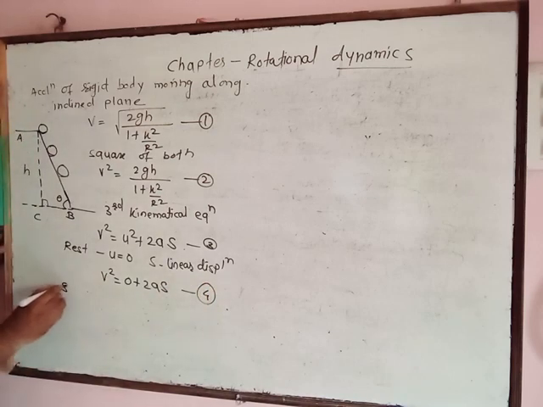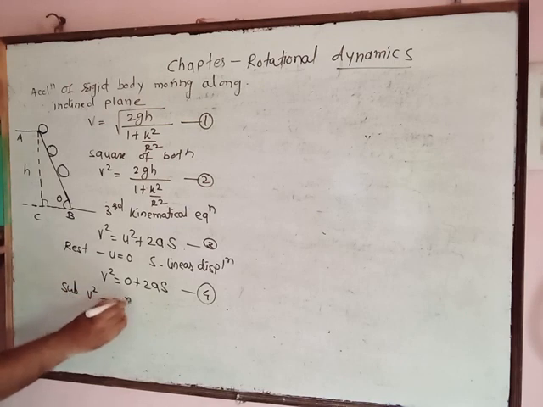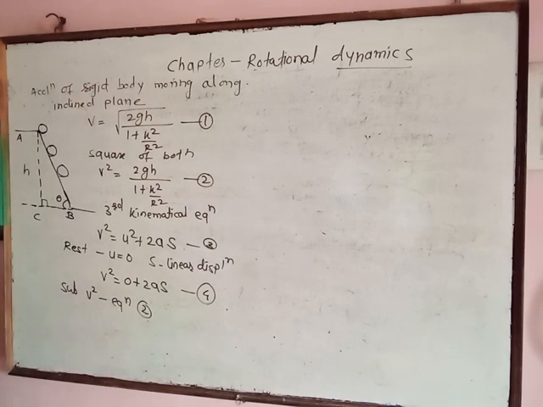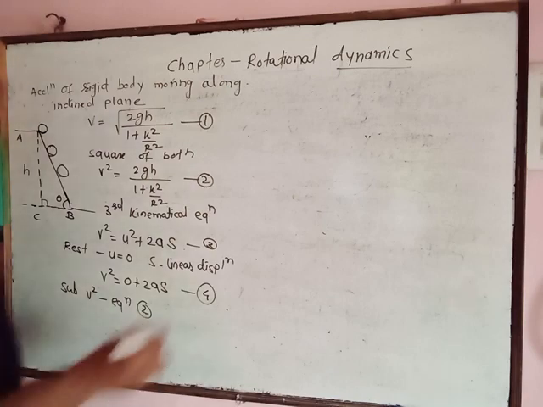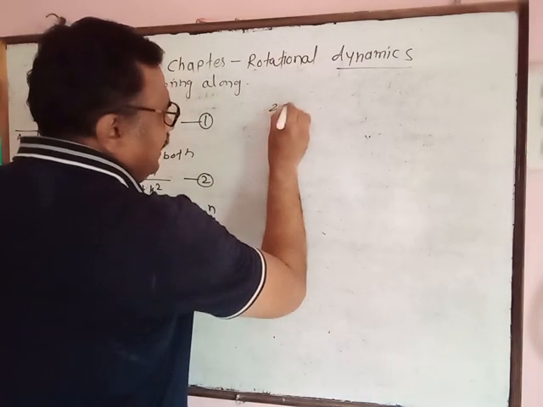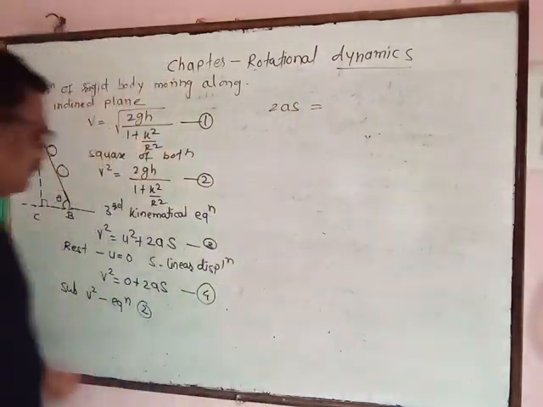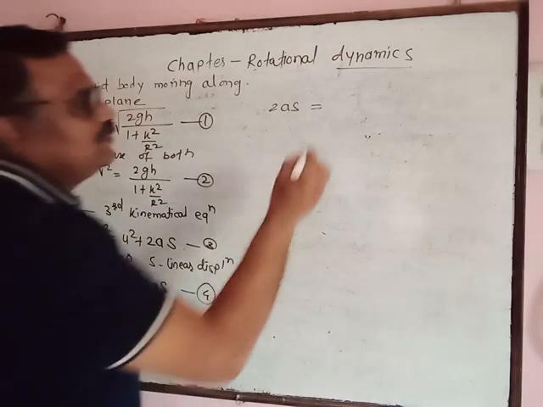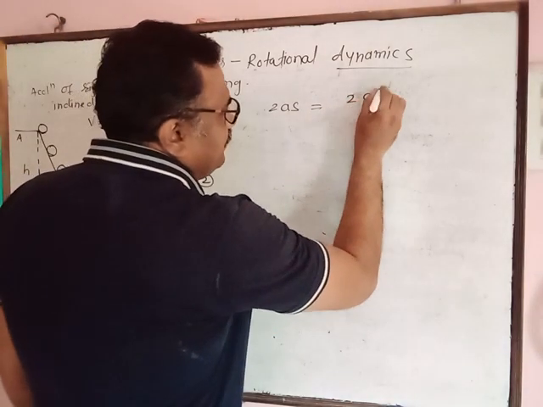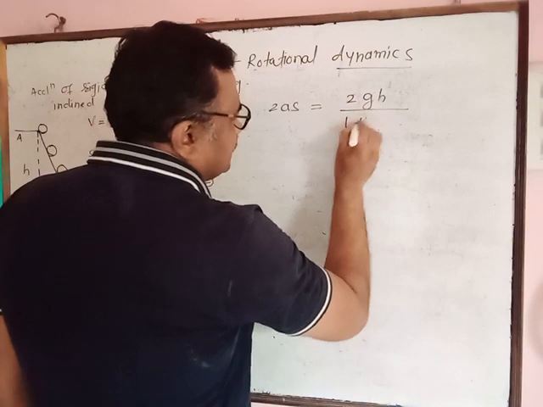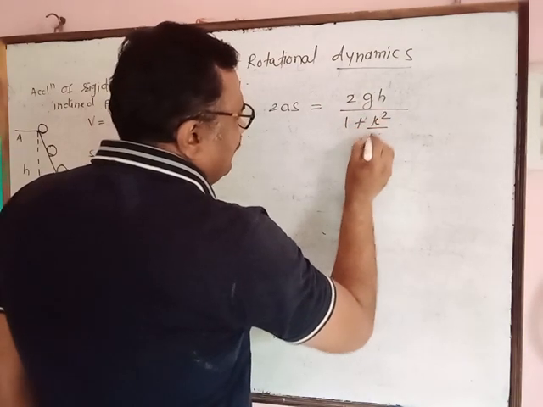Now substituting the value of V square in equation number 4, we get 2 times a into s equal to 2 times g into h upon 1 plus k square upon r square.